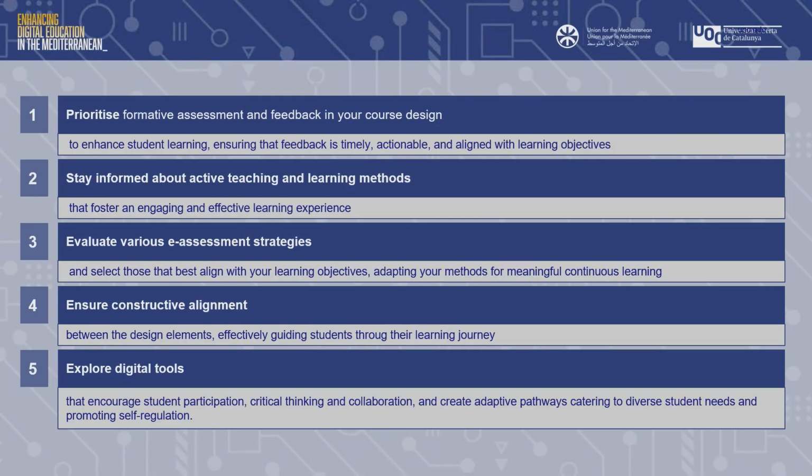First, prioritize formative assessment and feedback in your course design. Stay informed about active teaching and learning methods. Evaluate various assessment strategies. Ensure constructive alignment. And finally, explore digital tools that encourage student participation, critical thinking, and collaboration, and create adaptive pathways, catering to diverse students' needs and promoting self-regulation.